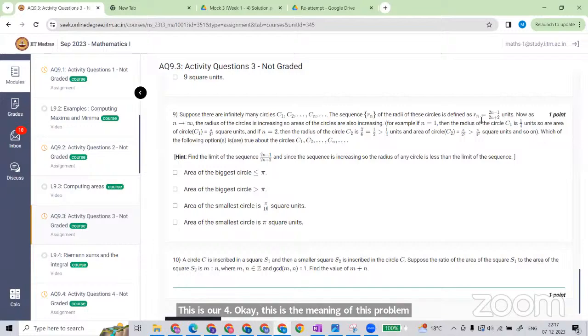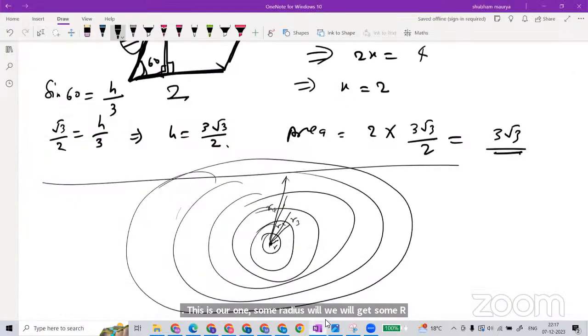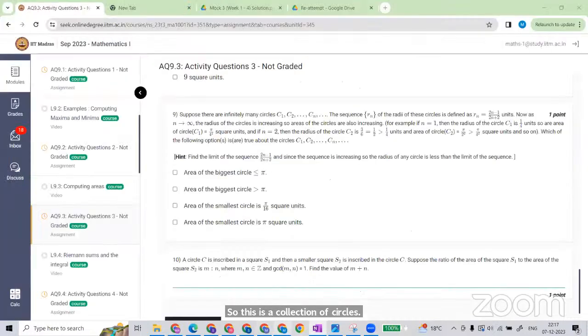This Rn is given as here. So this is R1, then you will get some different radius R2. So this is a collection of circles, and the radius of each circle is given here. Okay, so for example, n equal to 1, the radius will be already given.